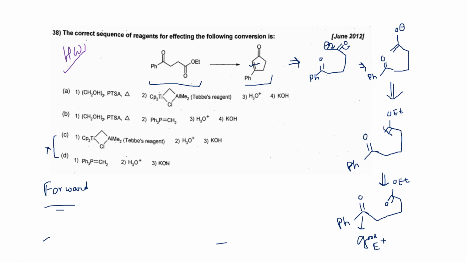So in the first step, the ketone will be protected by using ethylene glycol and PTSA, that is, paratoluene sulfonic acid, which is giving us H plus.